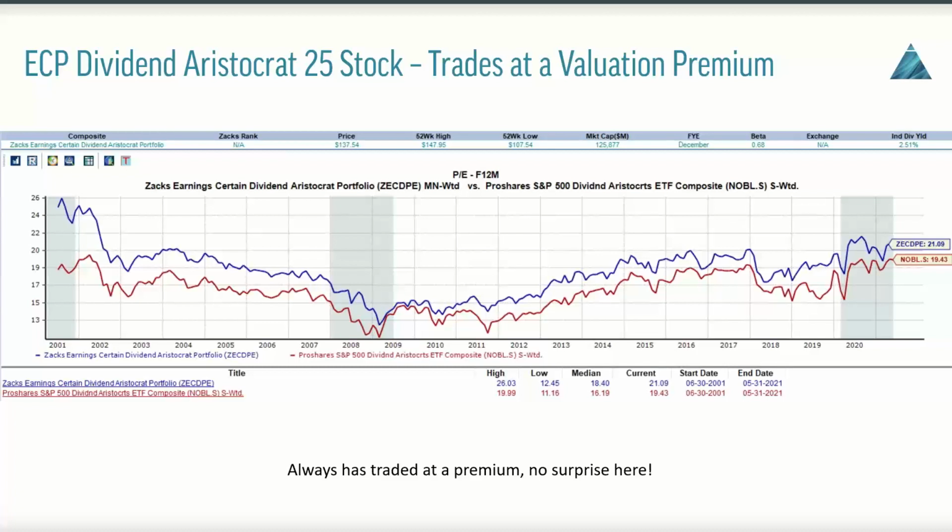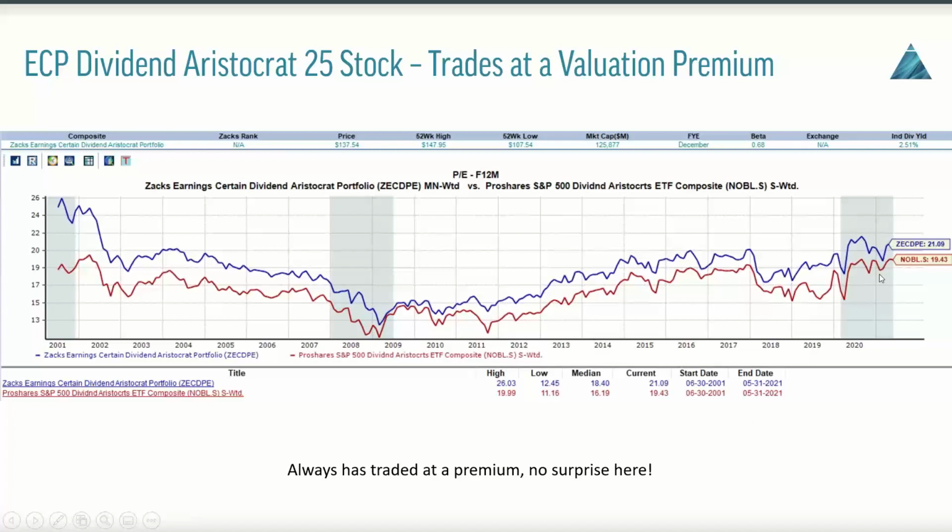When you take a look at the way that these 2 portfolios tend to trade from a valuation perspective, it shouldn't come as a surprise to anyone that the strategy that involves that type of stability and that type of downside protection, investors would be willing to pay a little bit of a premium for those names in the Earnings Certain Dividend Aristocrat portfolio. And you can see that they've been doing that for the last 20 plus years, and even further back if I were to extend this time frame.